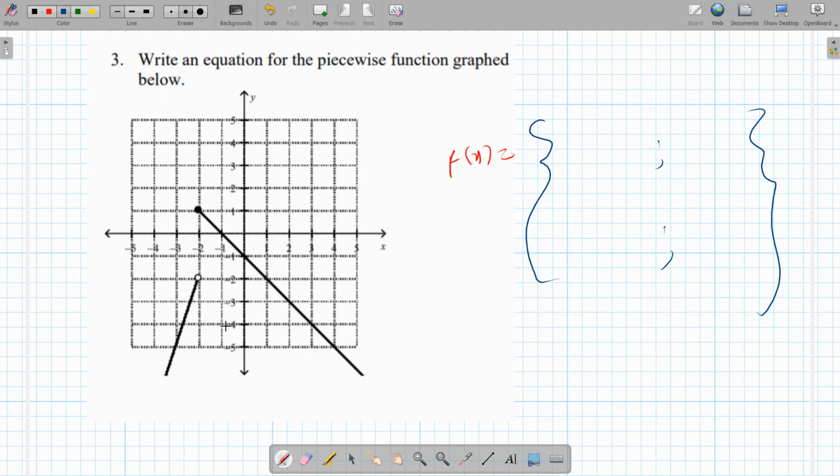What's the point of interest here? -2. Exactly. And the left one comes on top, okay? Would it be less than -2? Yeah, less than -2, exclusive. The next one will be what? Equal to or greater than -2. Exactly. So now we've set it up.